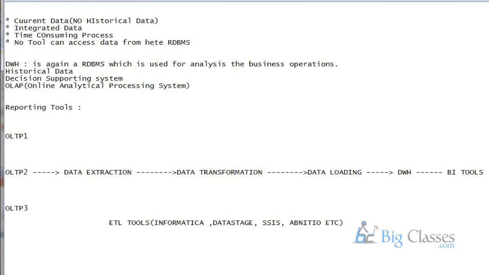They are going to show the data in the form of reports, dashboards, pie diagrams, or bar graphs to the business users, in a very understandable format.